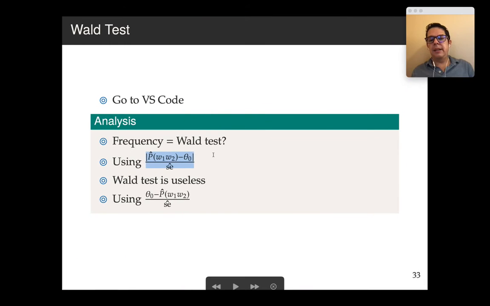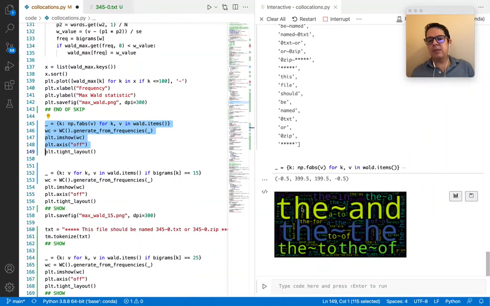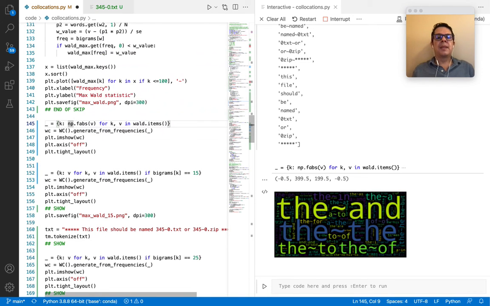To show you what we are seeing here, I need to make a little bit of change.